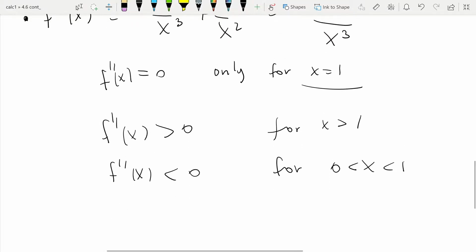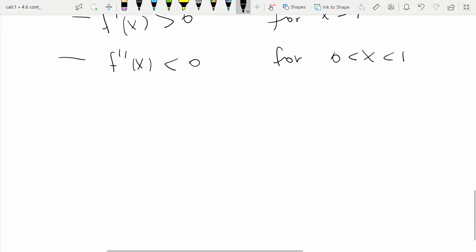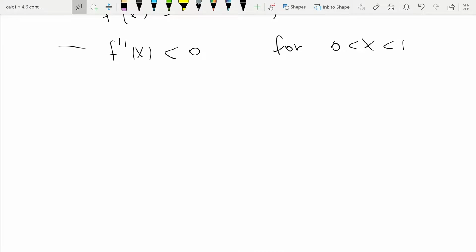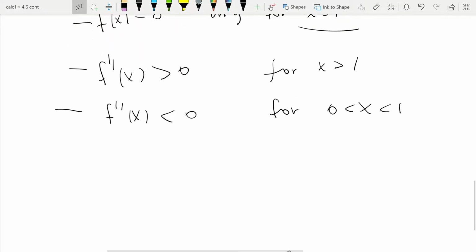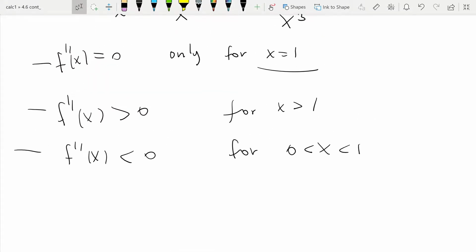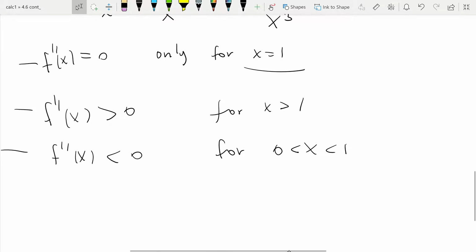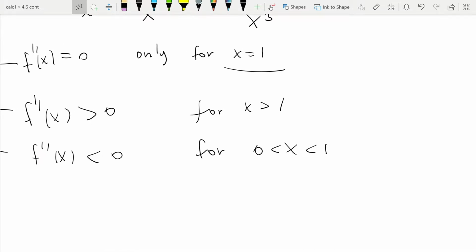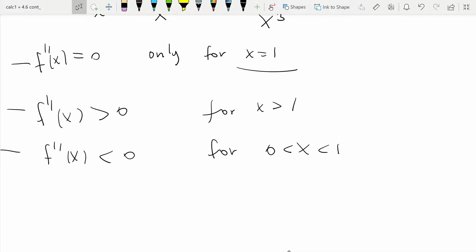So these are the main things we can get out of analyzing f double prime. What this implies is that the function is concave down between 0 and 1, and then becomes concave up. So that means that x equals 1 is a point of inflection.